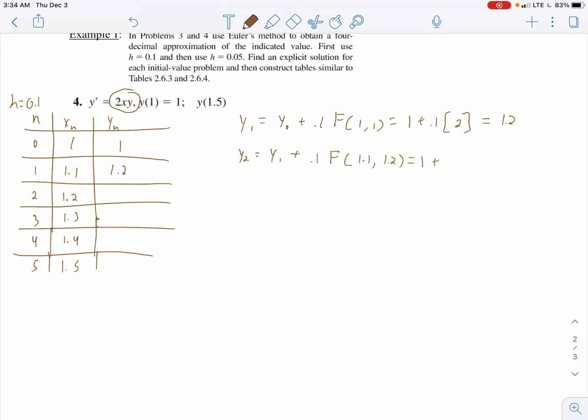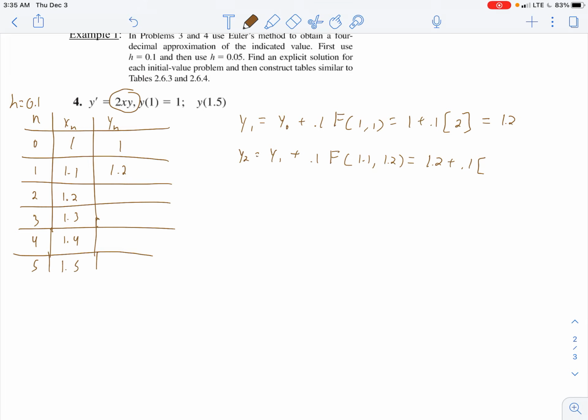So we're going to have 1 plus, our y sub 1 is 1.2 plus 0.1, and then we have 2 times 1.1 times 1.2.